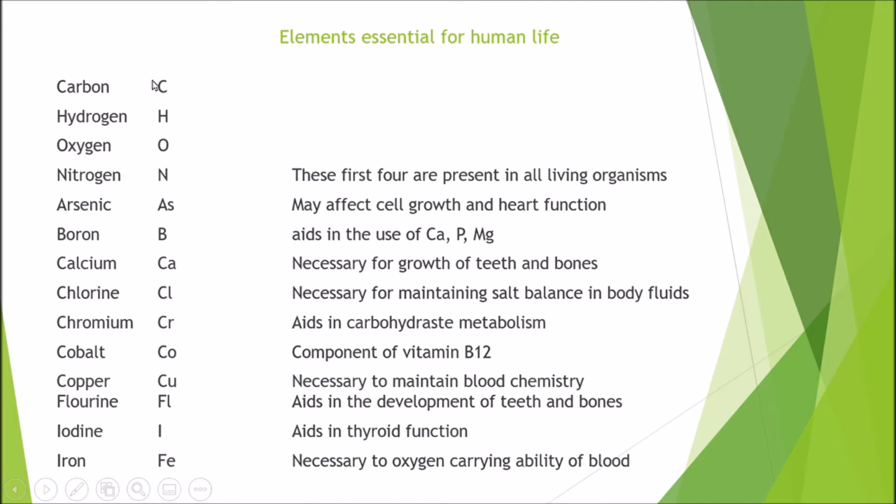Again, these four, carbon, hydrogen, oxygen, and nitrogen, are the four most basic elements to life as we know it, especially carbon. These elements are going to be part of a class of chemistry we call organic chemistry. And again, anything that's organic or organism or living is going to have to do with these elements.